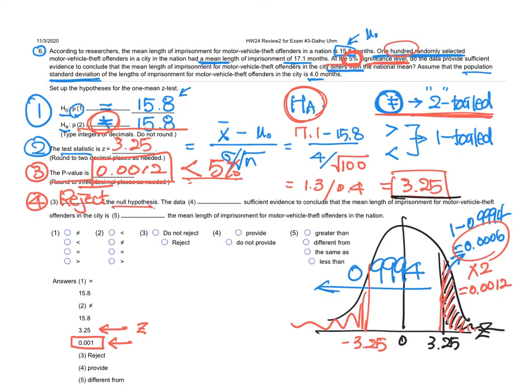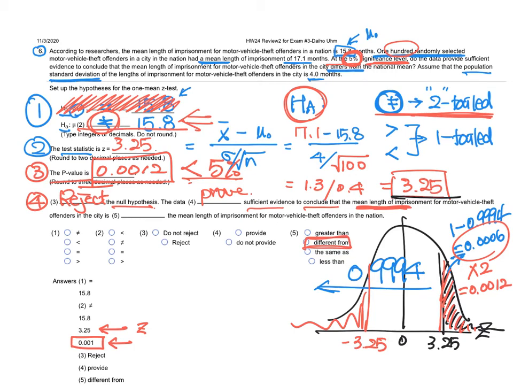Just a second, what does it mean? Reject means the null statement is not true, so the mean is not equal to 15.8. So the data provide sufficient evidence to conclude that the mean length offered by CD is different from 15.8.